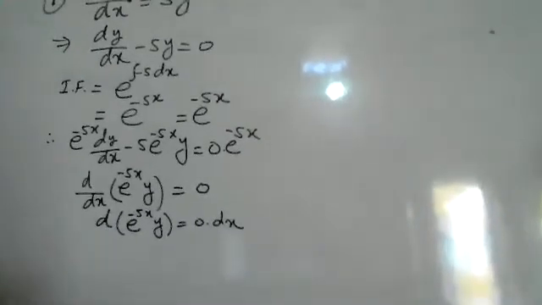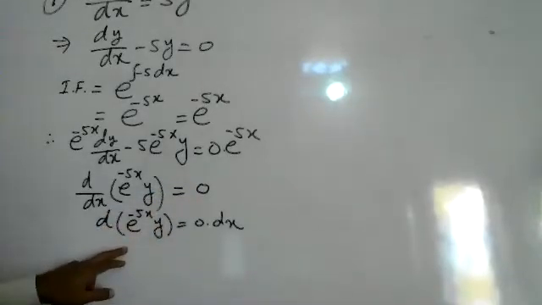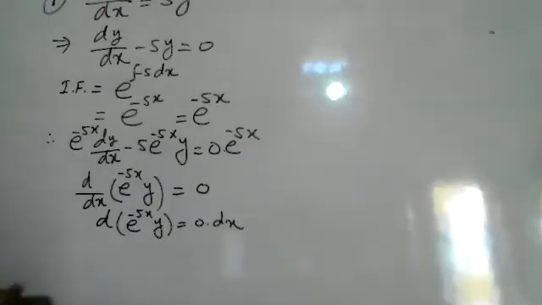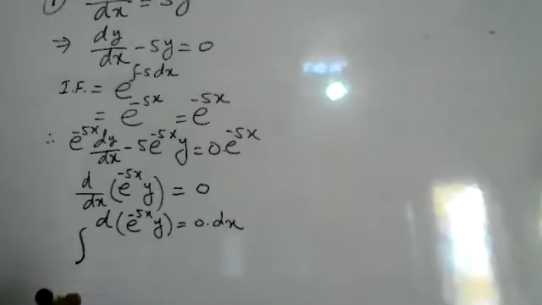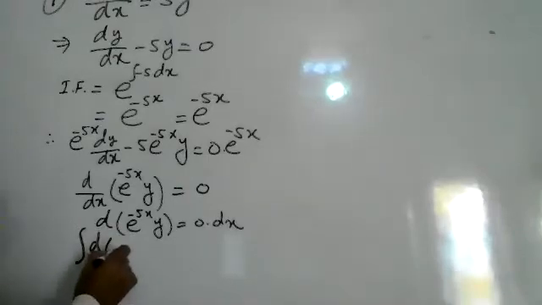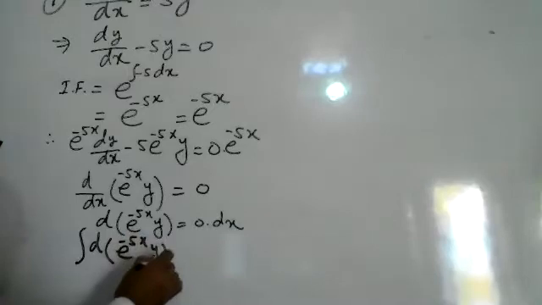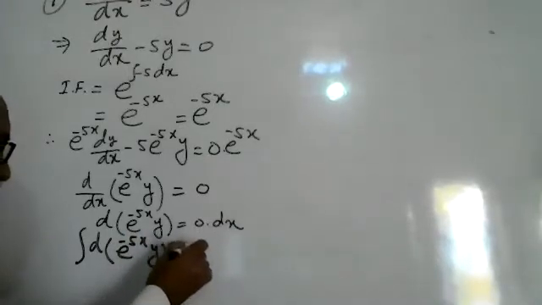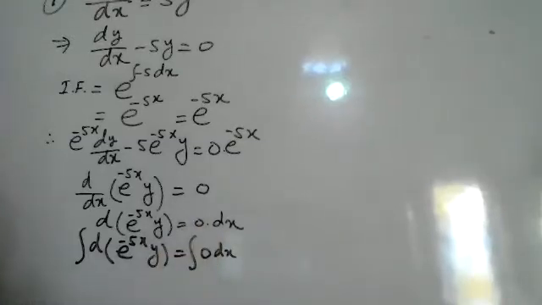So after that, we'll shift the dx to the other side. And now we will integrate. e raised to power minus 5x into y is equal to 0 dx.